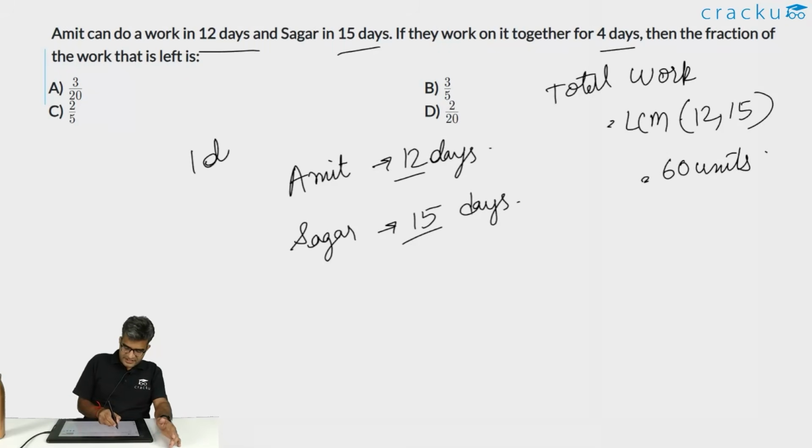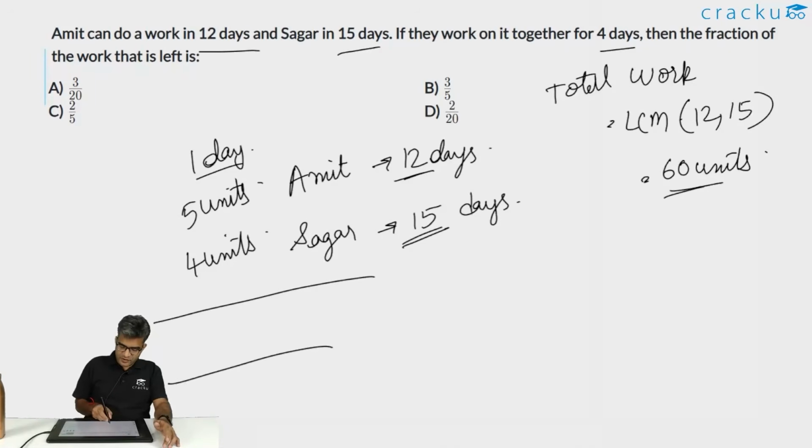So in one day, the amount of work done by Amit is 60 divided by 12, which is 5 units. And the amount of work done by Sagar in one day is 60 divided by 15, which is 4 units. So if both of them are working together, the amount of work that will be done by them in one day will be 9 units. Now they work together for 4 days.